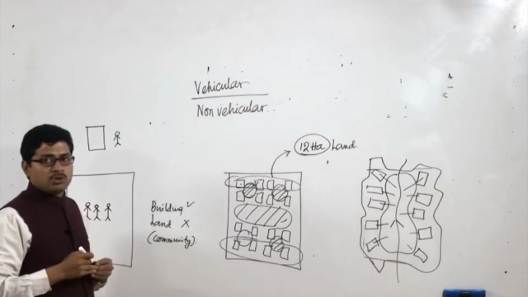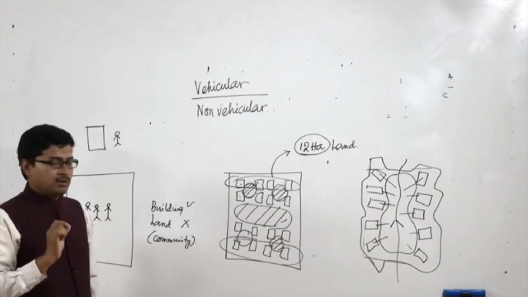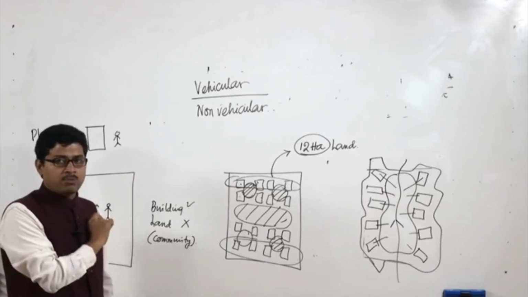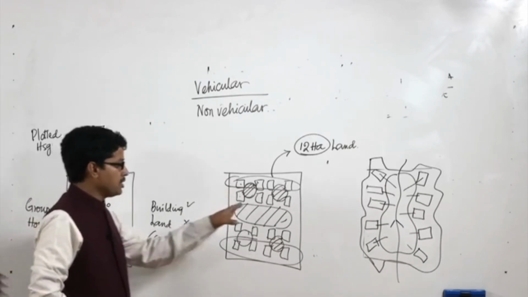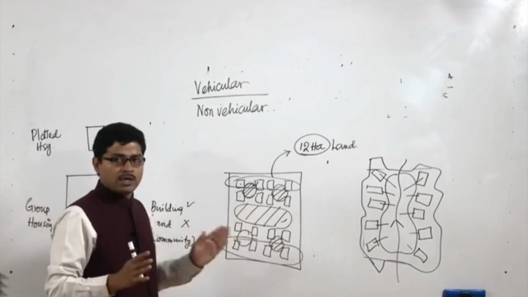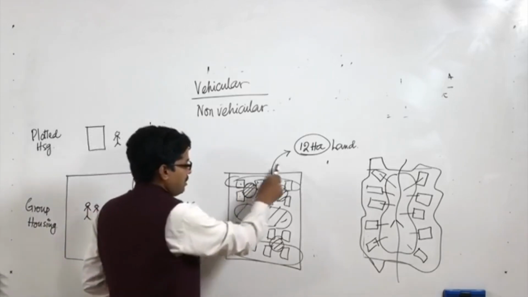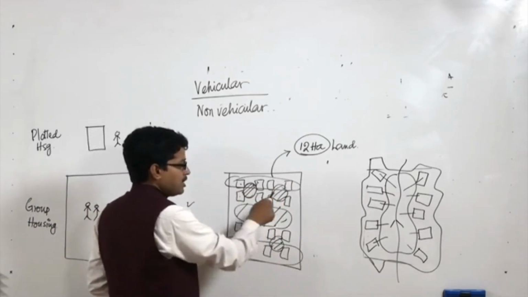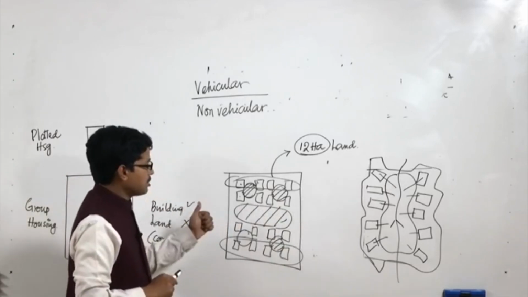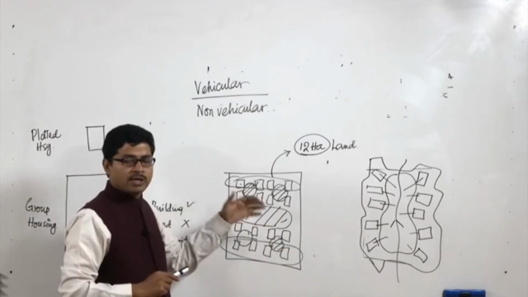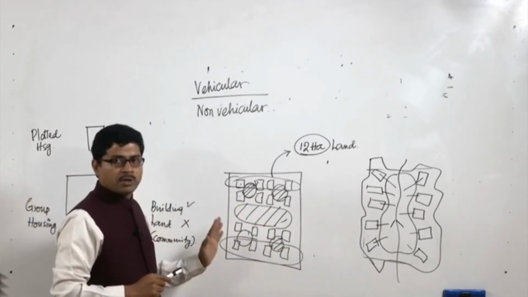One very distinguishable feature in group housing compared to plotted housing is that in group housing, there is no boundary of the plot, apart from the external boundary; inside there is no boundary. So every person can reach every block, every facility, every open area.